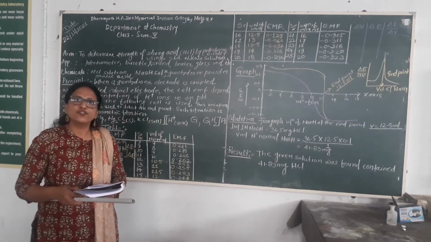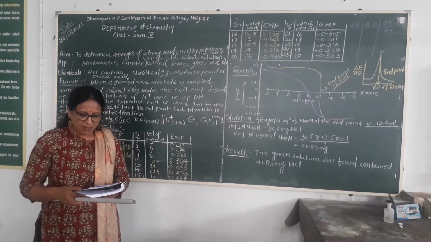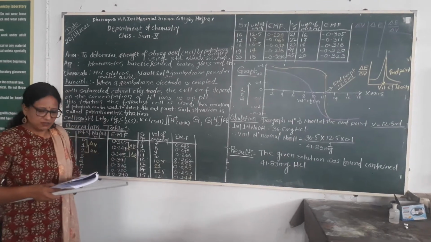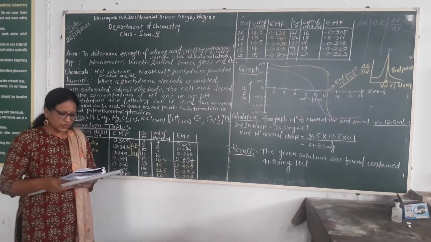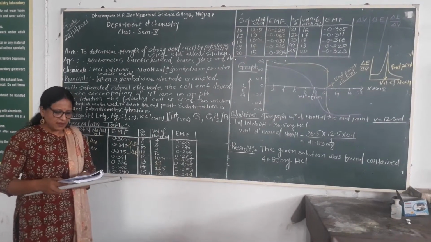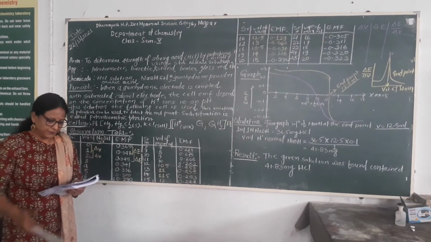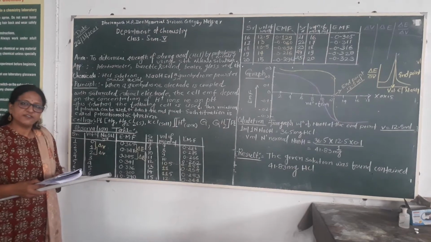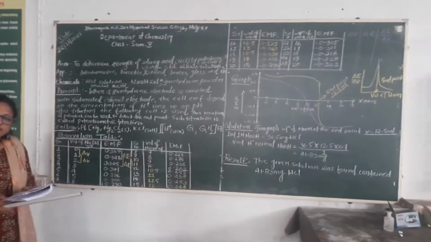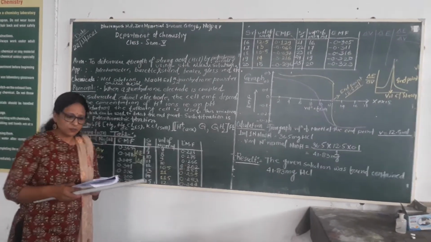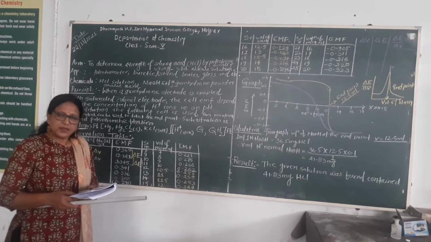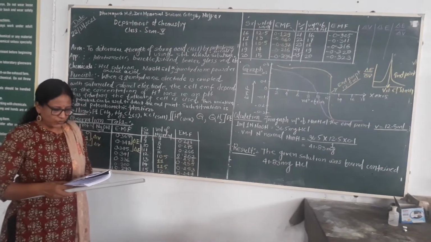potentiometric titration. In potentiometric titration, a known volume of the given solution is taken and the reversible electrode is dipped in it. It is coupled with a reference electrode. The reference electrode which I am using here is the calomel electrode, and the EMF is recorded.